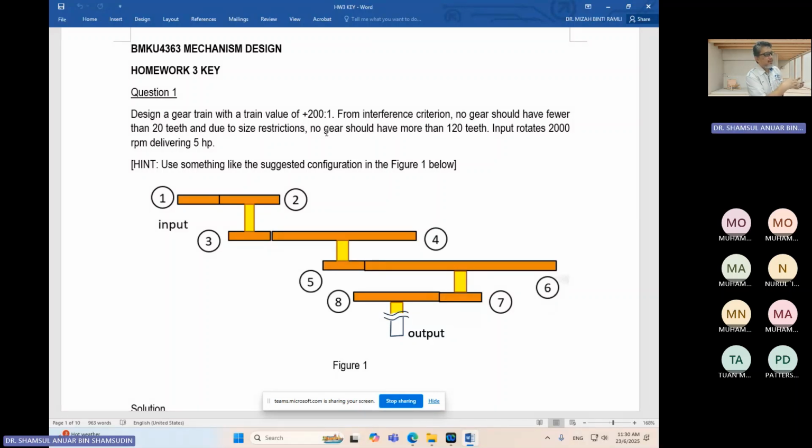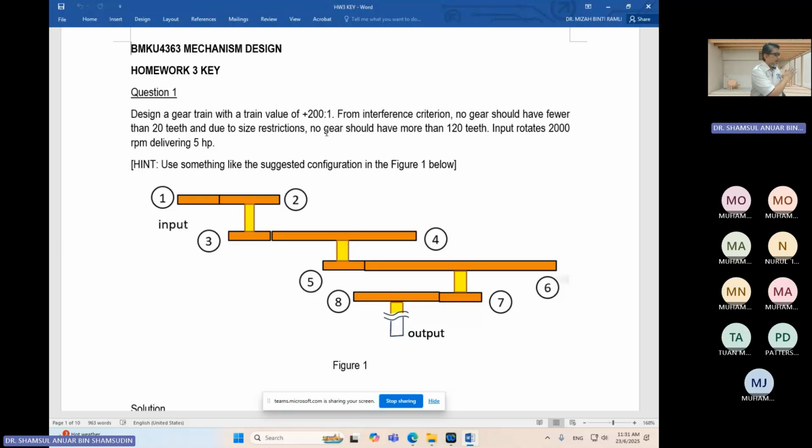If you have a VR of 10, that's fine, you can have just 2 gears. But if you have more than 10, it is advised that you have it in many stages. Many stages can be in a series or in many different stages.